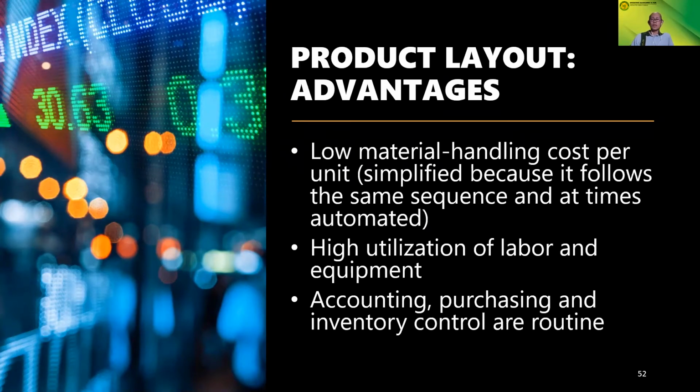There's also low material handling cost per unit. Material handling is simplified because units follow the same sequence of operations. Therefore, material handling is often automated. There's high utilization of labor and equipment, and fairly routine accounting, purchasing, and inventory control.